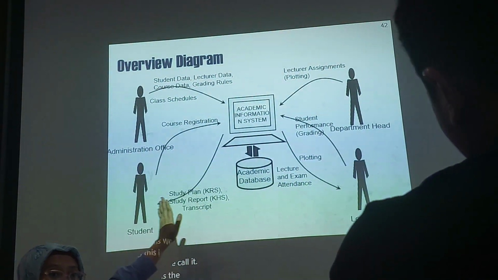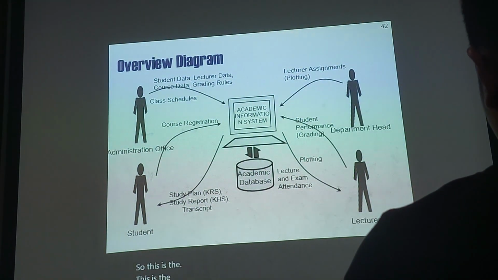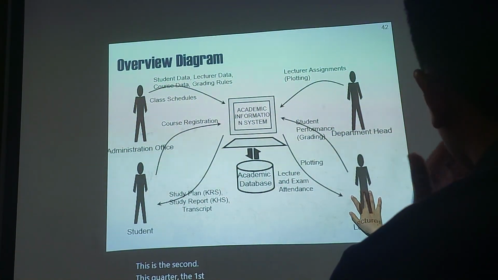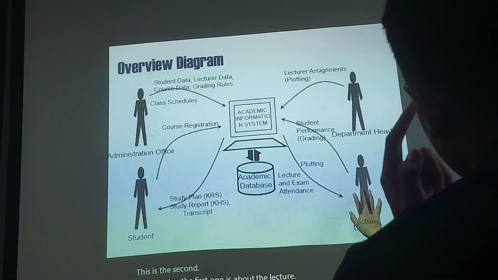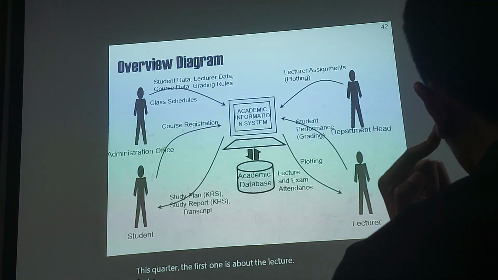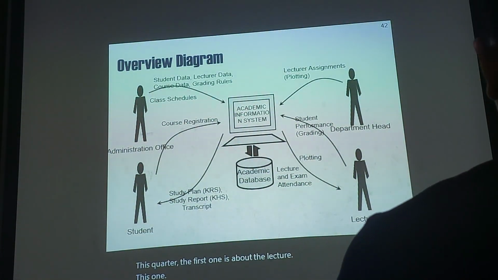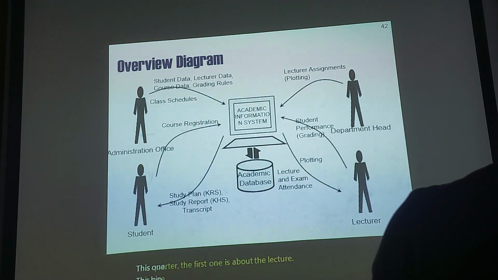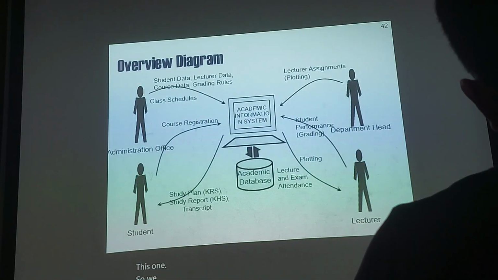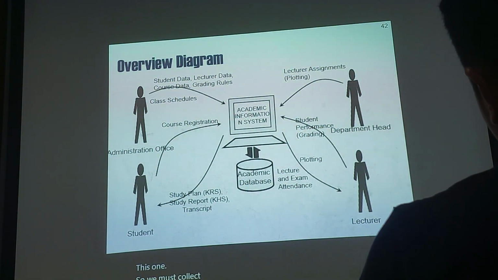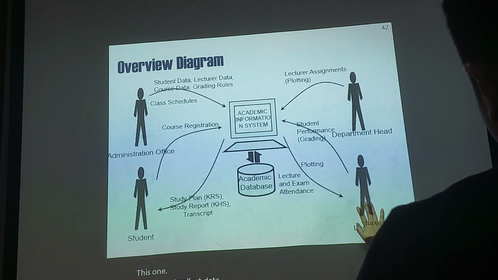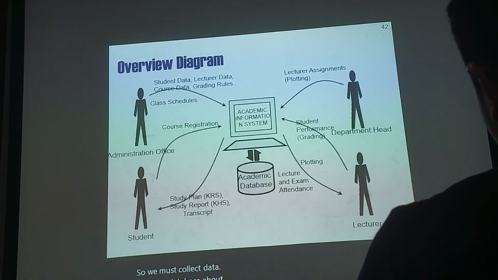These are the stakeholders. The first stakeholder is the lecturer. For the registration like this one, we must collect data about the lecturer. We have a database about the lecturer.